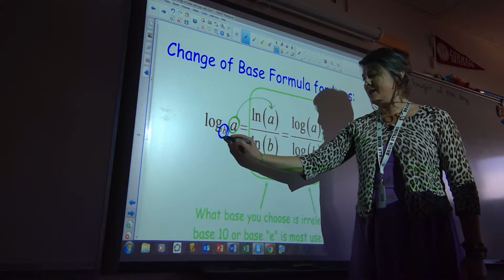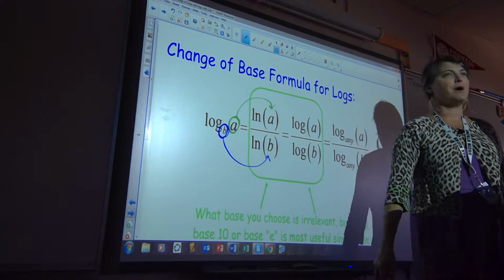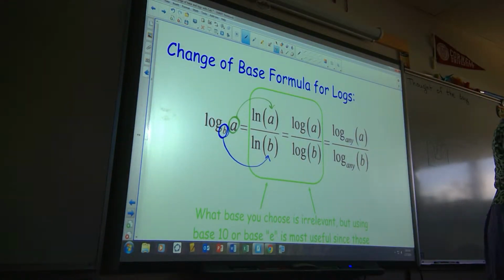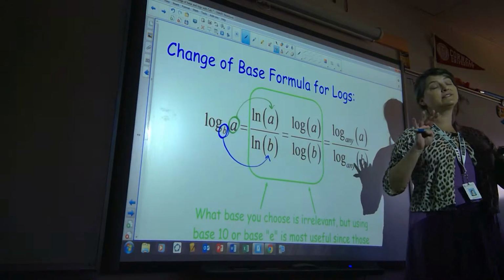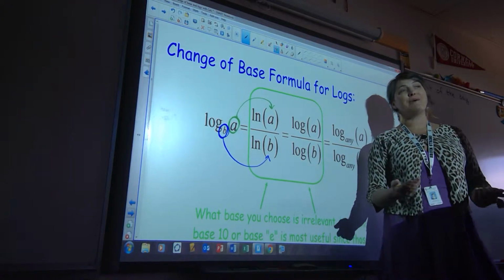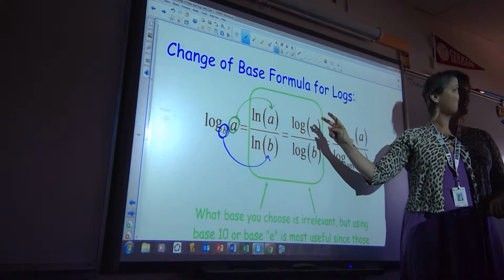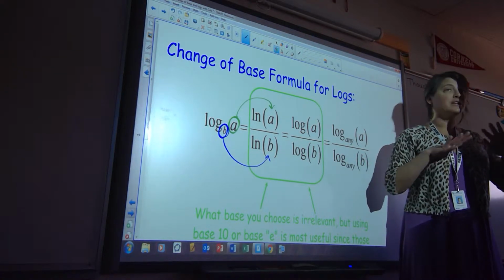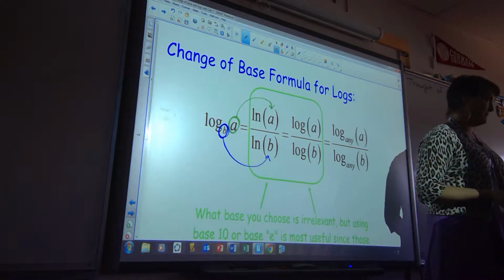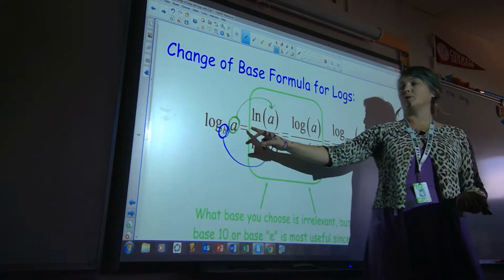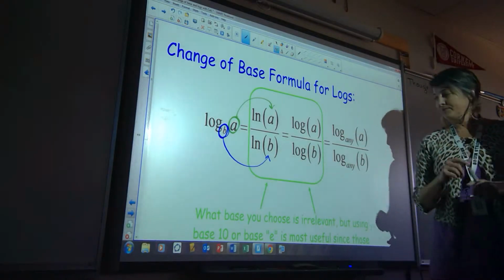And you're going to give the B its own log and put it on the bottom of the ratio. Now, because it's a ratio, here's the interesting thing. It doesn't matter whether you choose natural log or log base 10. It gives you the exact same answer because the ratio between the log A and the log B is the same.